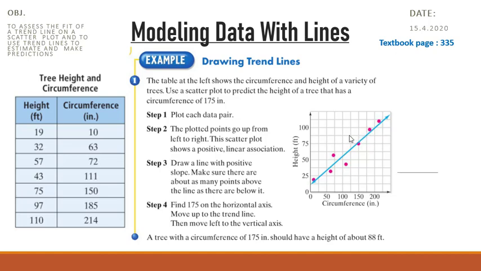It will be between 75 and 100. Each time we take 25, so this is 12.5, approximately 87.5 or approximately 88 feet. So we don't have a value for this, but we use the trend line to do this.